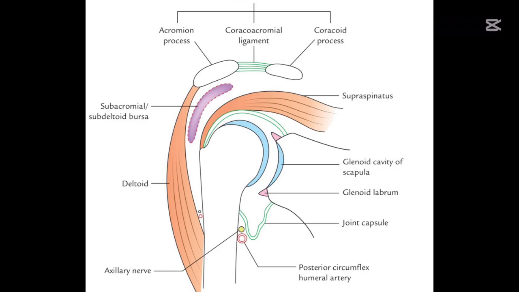We talked about the glenoid cavity at the lateral angle of the scapula. When the head enters into the glenoid cavity of the scapula, it is deepened by the glenoid labrum. Don't forget, the head of the humerus is hemispherical, entering into the glenoid cavity and deepened by the labrum, which is a fibrocartilaginous ring, articulating with it to form the glenohumeral joint.